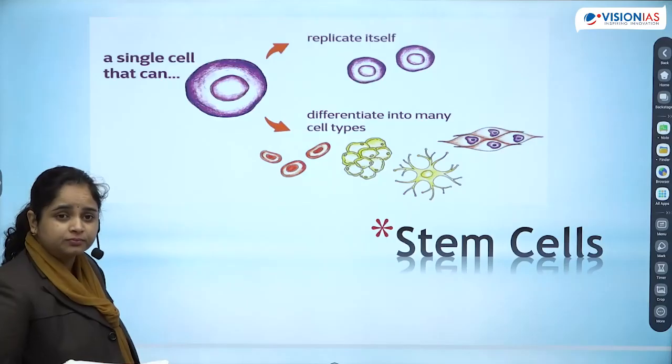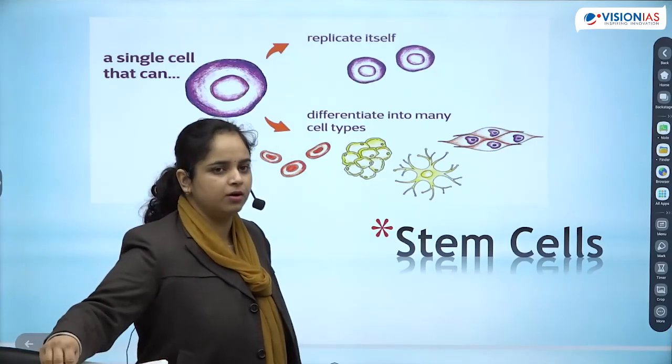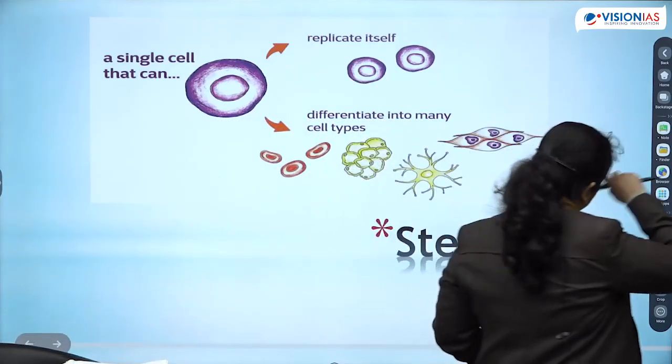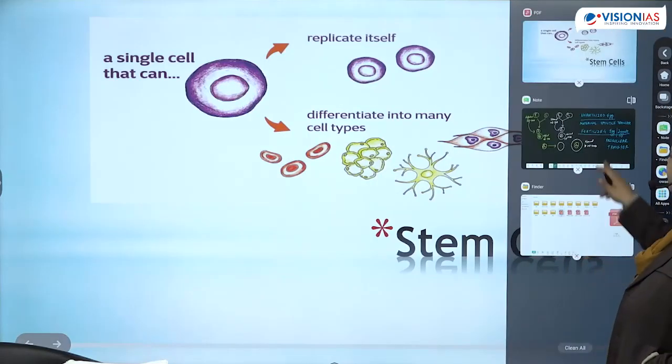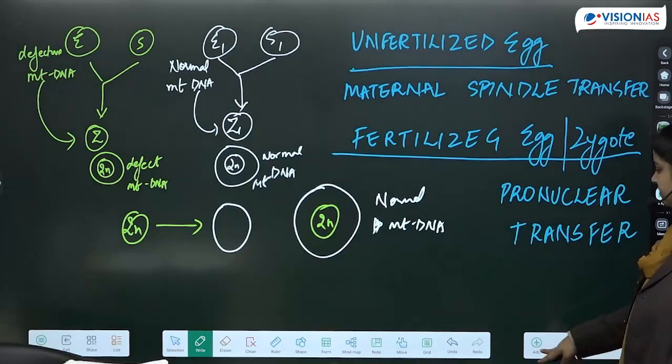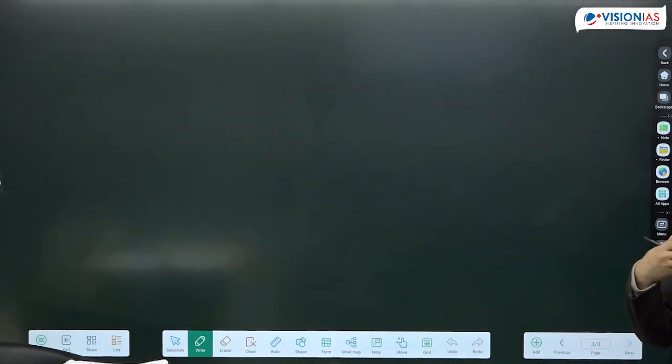Now, the next thing we are going to talk about is what are the different properties associated with stem cells. The properties of stem cells basically means into what type or into how many types of cells can they change.